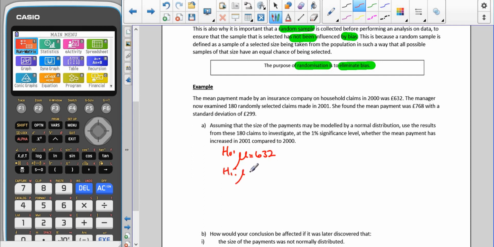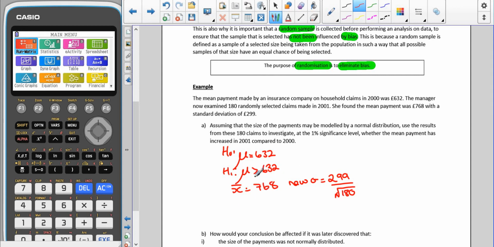H1 we're looking for an increase, so we're seeing that the mean is more than 632. Then we need to find the mean of our sample. Well, we've already been told that. That's 768. And remember that our new standard deviation is going to be the same as the old standard deviation, or in this case the sample standard deviation, divided by the square root of the sample size due to central limit theorem.